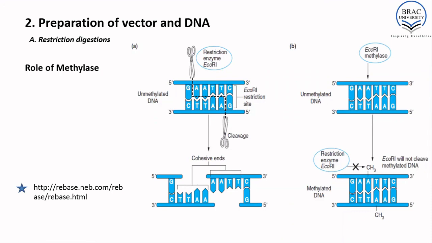Prokaryotes have genes encoding one or a few restriction modification systems containing the methylase, which, as I said, adds the methyl group to the cytosine. On the other hand, its companion, the endonuclease, recognizes the same sequence and cleaves the DNA which is not methylated.